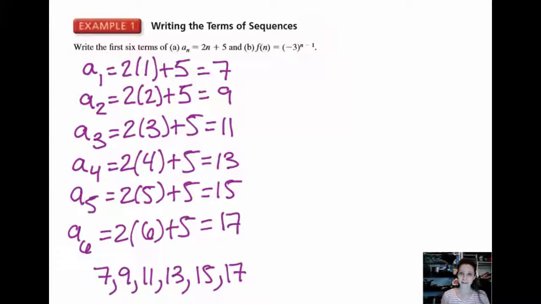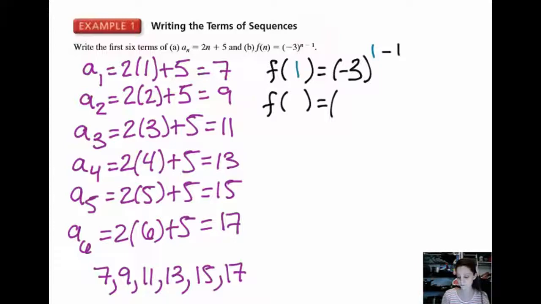Now we have a sequence written in the other notation, written in function notation. Same idea. I am finding the first 6 terms. Right, so I'm setting n to 1, and then to 2, and so on.